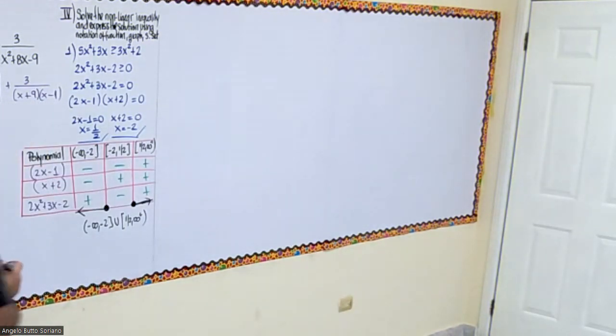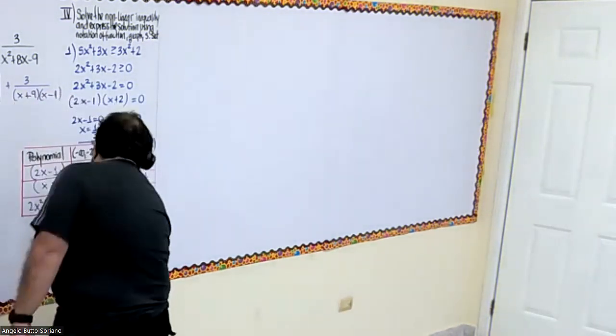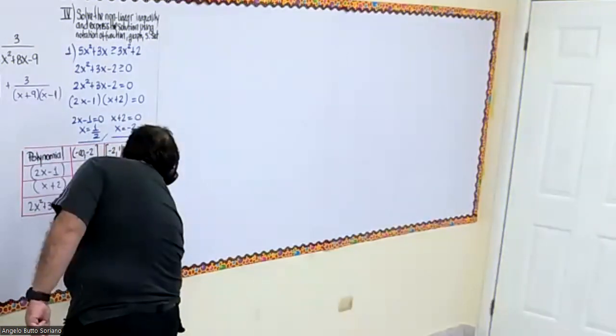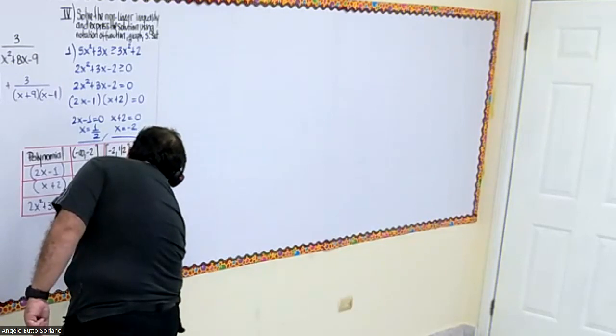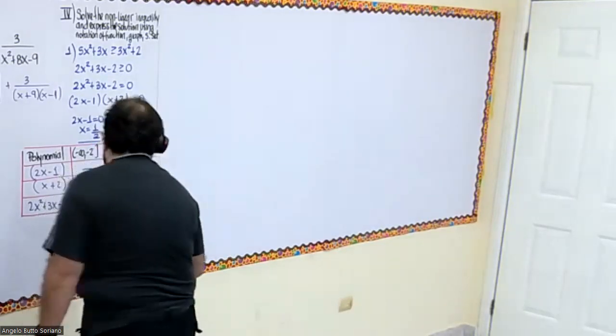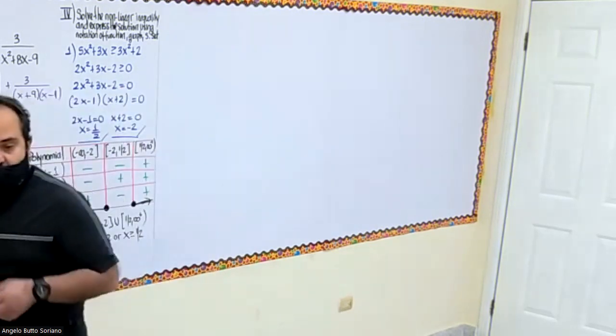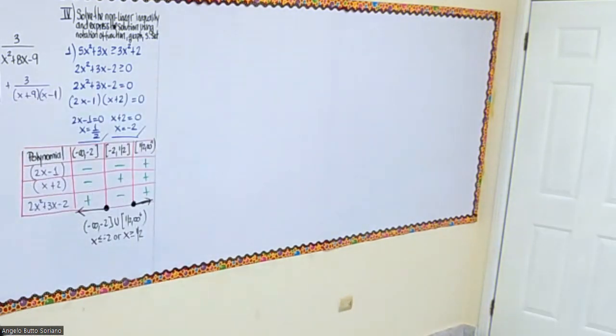Okay, and the other solution will be x less than or equal to negative 2 or x greater than or equal to 1/2. And we got the solution set of problem number 1, part number 4.